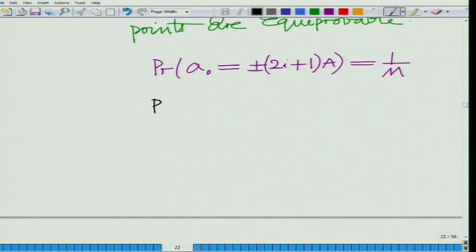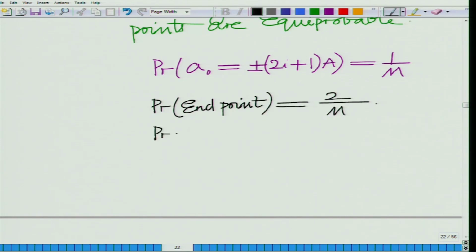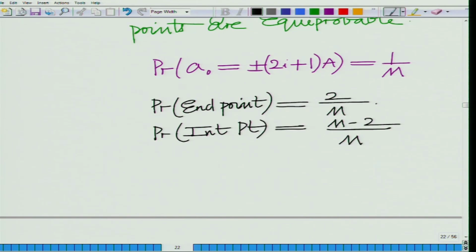So, the probability of an end point is 2 divided by M, since there are 2 end points, 1 by M plus 1 by M. The probability of an internal point is M minus 2 divided by M.